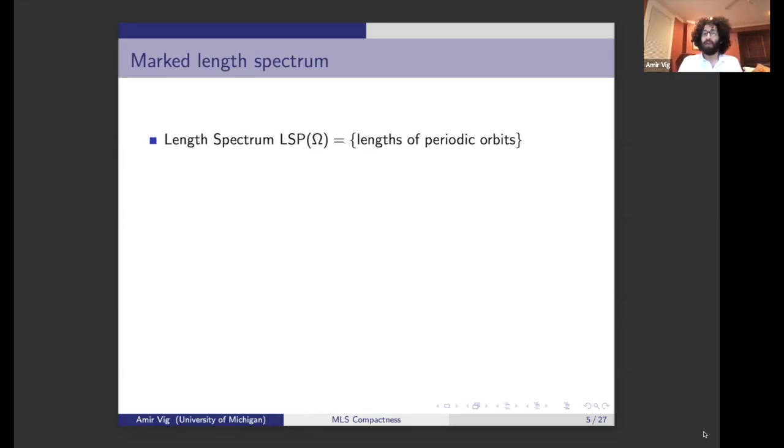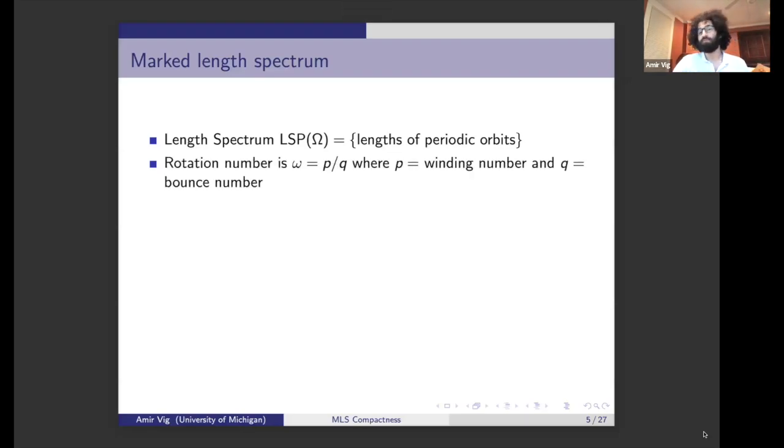Okay, so once we have the billiard map and its iterates, we can talk about periodic orbits. So these are ones that just repeat after some finite period. And they have a length spectrum, which is the collection of all lengths of those periodic orbits.